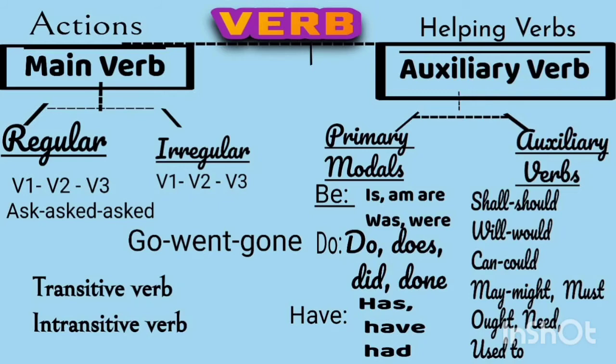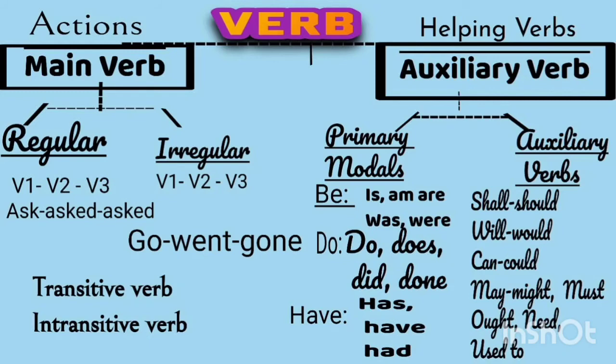Primary modals are generally the be forms: is with he, she, it; am with I; are with we, they. In past tense, was, were. Those show the existence of persons, places or things used as the subject.